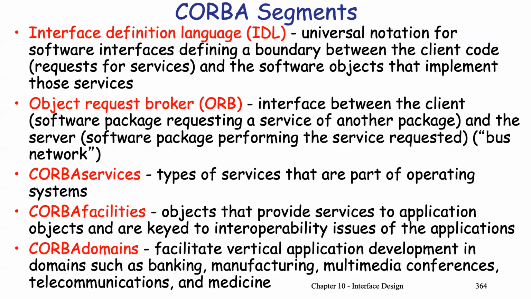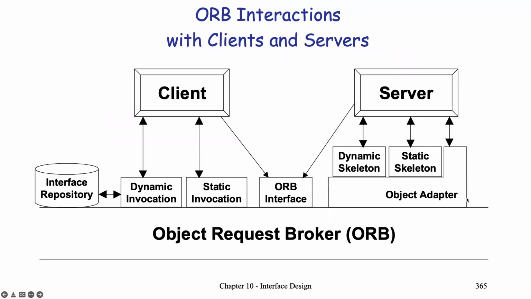There are various segments in CORBA. There's an interface definition language. There's an object request broker. And then you have these other things, the CORBA services, the CORBA facilities, and the CORBA domains. I'm just going to skip over this. I think we've covered enough detail to give insight into this from a top-level survey point of view.